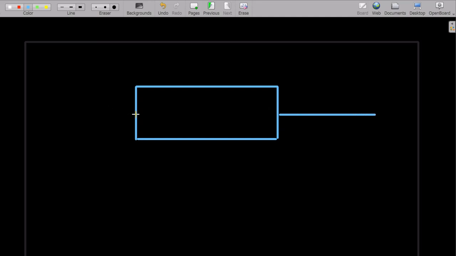This line and this line, these are the whiskers. These lines don't have to be equal, they can be unequal as well. And then there will be a line like this.